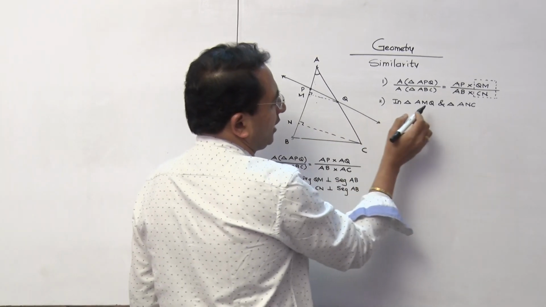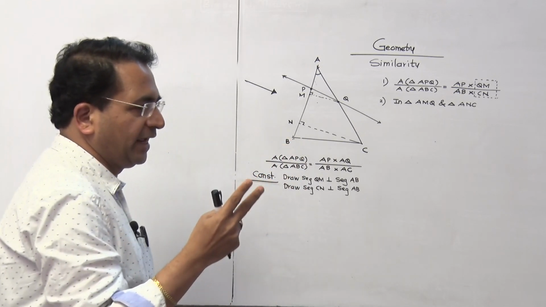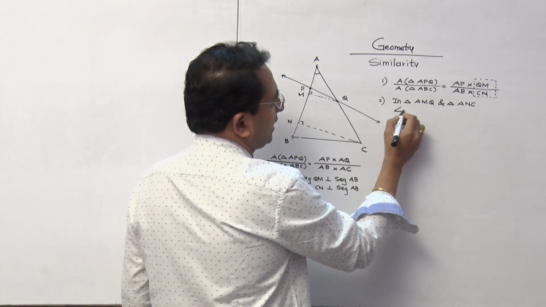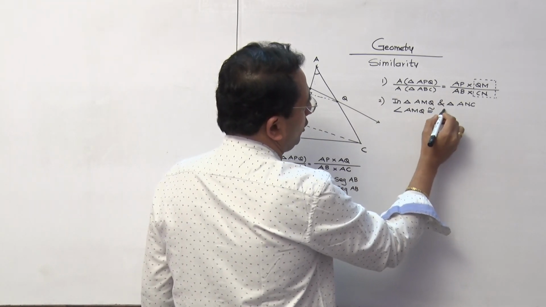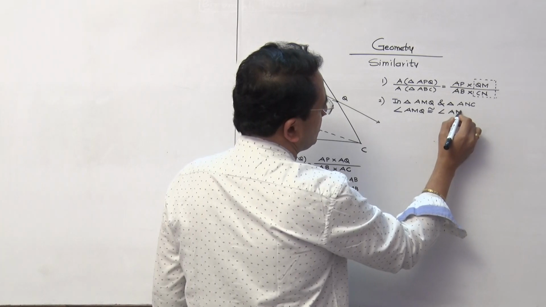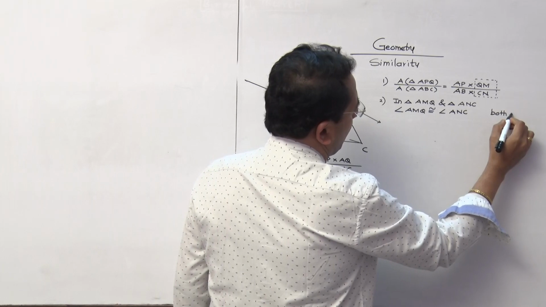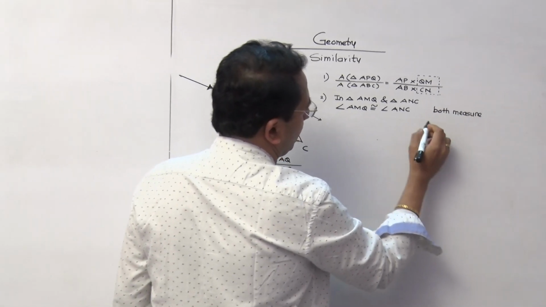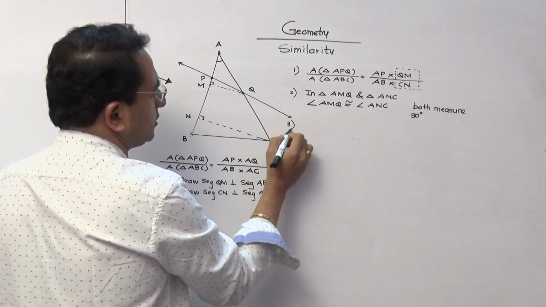I think for triangles to prove similar, two pairs of congruent angles are enough. So I can write angle AMQ is congruent to angle ANC. The reason what you have to write here: both measure 90 degrees.